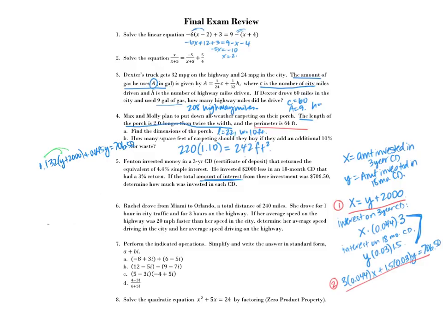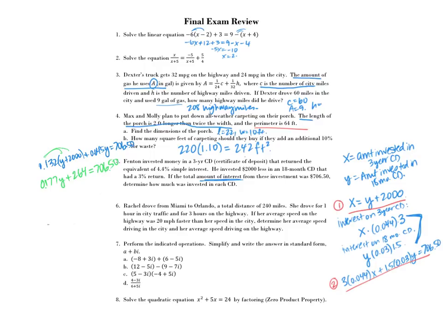So 0.132 plus 0.045 is 0.177y plus, when I do 2,000 times 0.132, I get 264, equals 706.50.